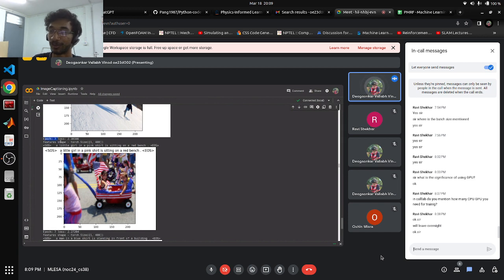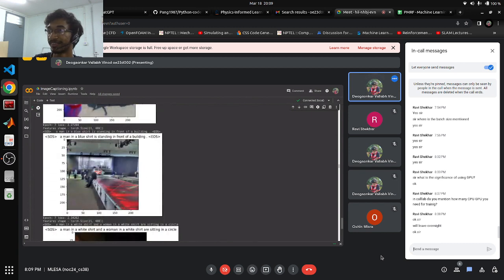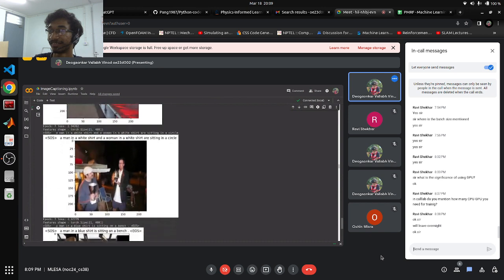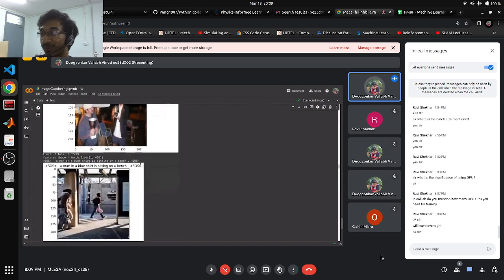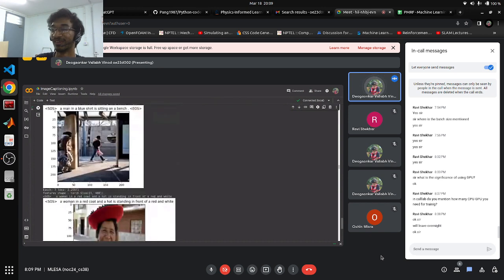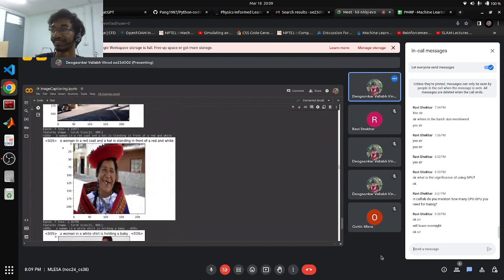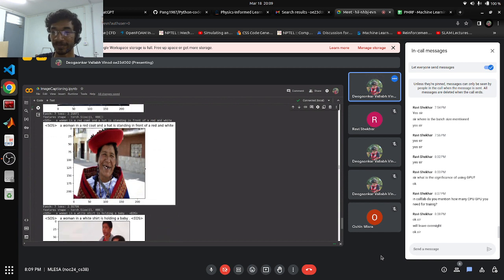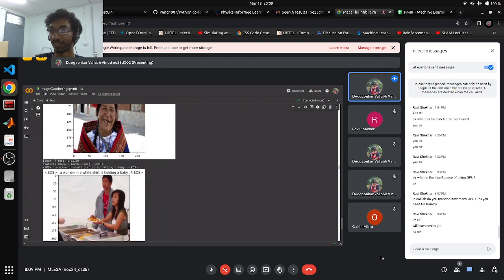So at around the 7th epoch, it's doing a bit better job in captioning. Somewhat okay, still not very good, but this set did a bit better. So for different examples, you are seeing what it is able to do.